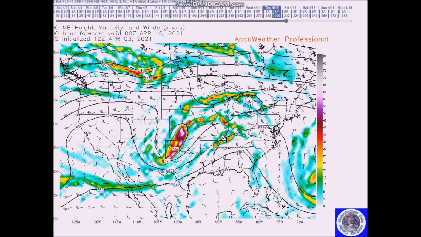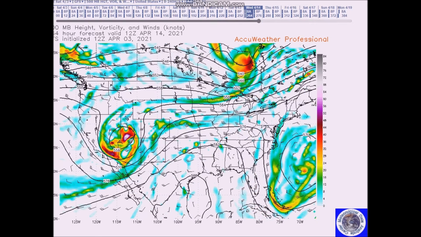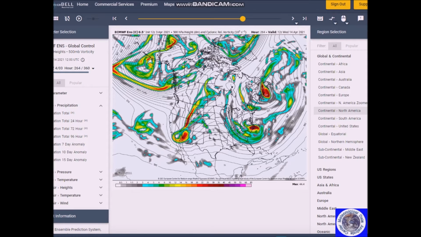It has the upper low, a little bit slower, bringing the upper low into the eastern U.S. So this shows the probability of an upper low here developing in the eastern states. And we take a look at the ensembles. The European ensembles is faster with this system and has it here along the east coast.